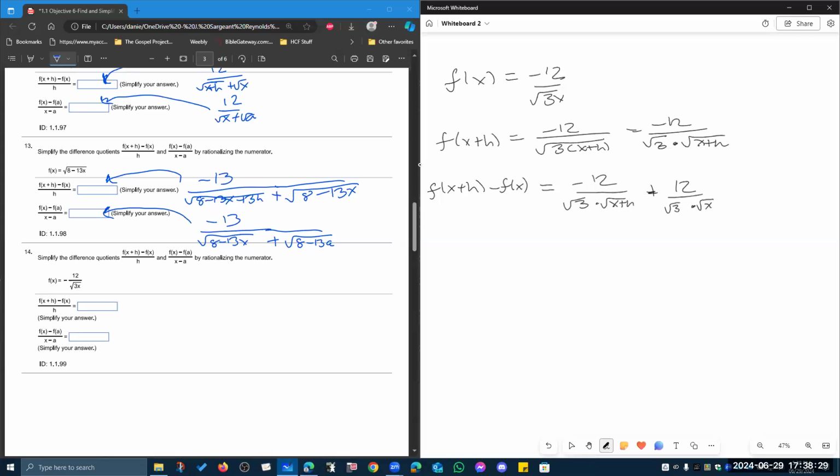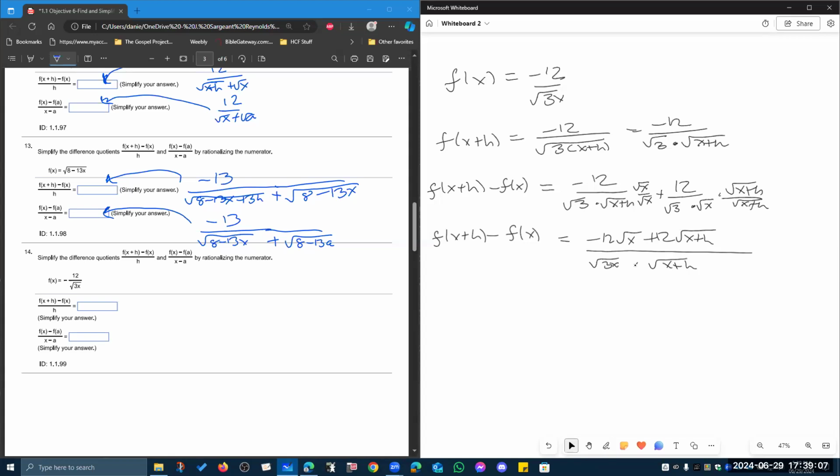So the root 3 is common. I only need to multiply here by root x over root x, and here by root x plus h over root x plus h to make a common denominator. So f of x plus h minus f of x is going to be negative 12 root x plus 12 root x plus h over root 3 times root x, which is root 3x, times root x plus h.